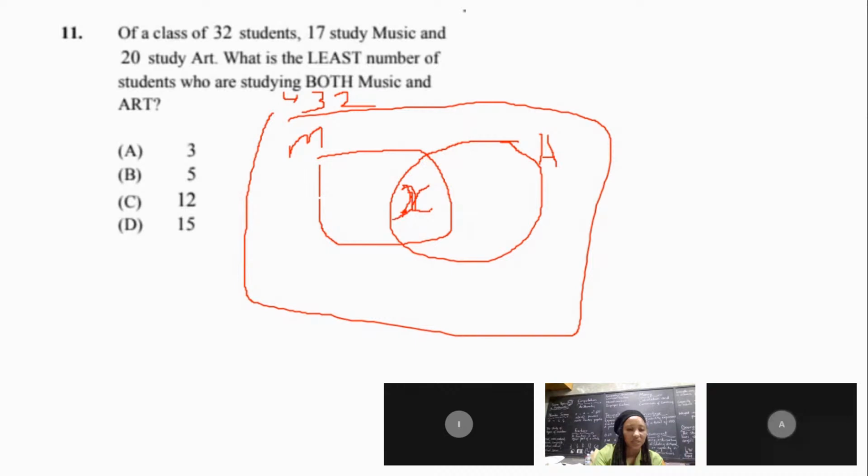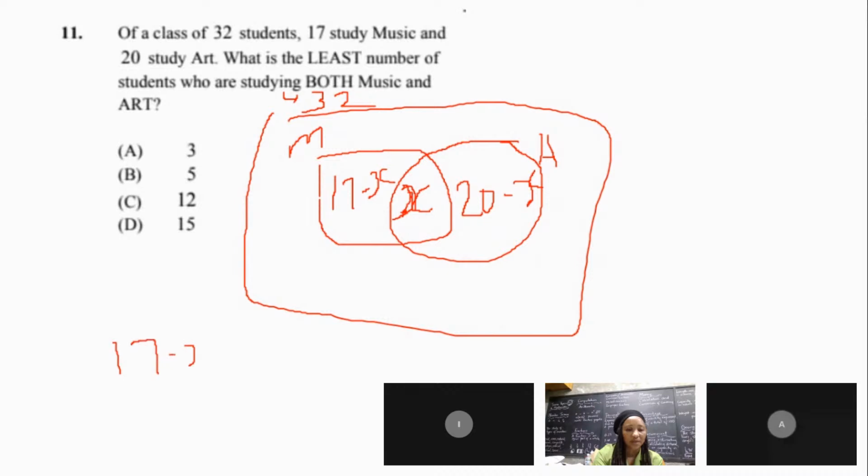17 study music, so music only would be 17 minus X. And 20 study art, so this would be 20 minus X. When we add them together, we should get 32.